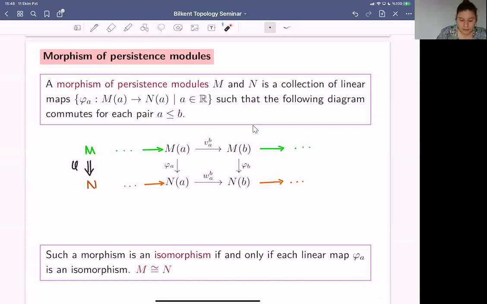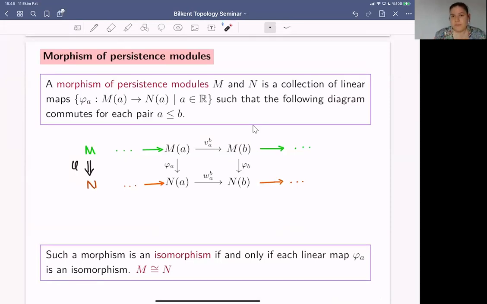Phi is a collection of linear maps: at each spot I have vertical arrows, let me say phi sub A. This is a collection of linear maps going down such that each rectangular diagram commutes. So this is the definition of a morphism between two persistence modules.